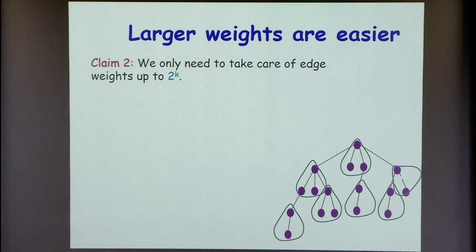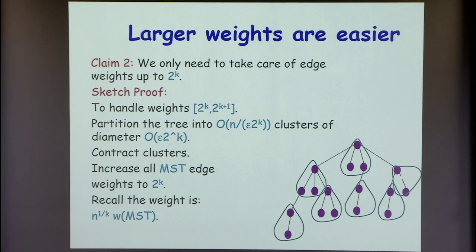Okay, the next claim that we used is that we only need to take care of weights of 2^k. So I said before what we can do with larger weight. Let's see it slightly more formally. Let's say that now I want to handle edge weights between 2^k and 2^(k+1).